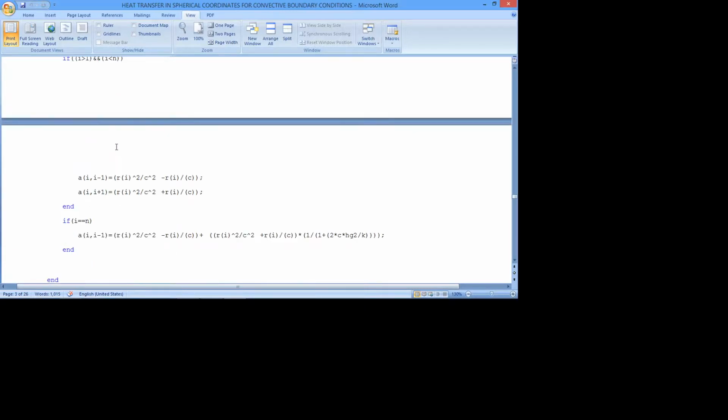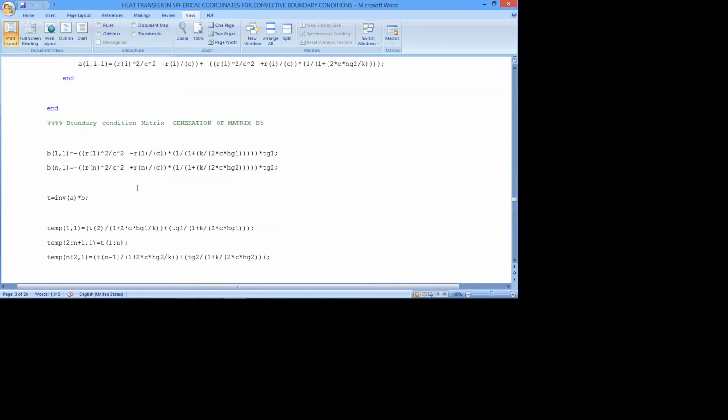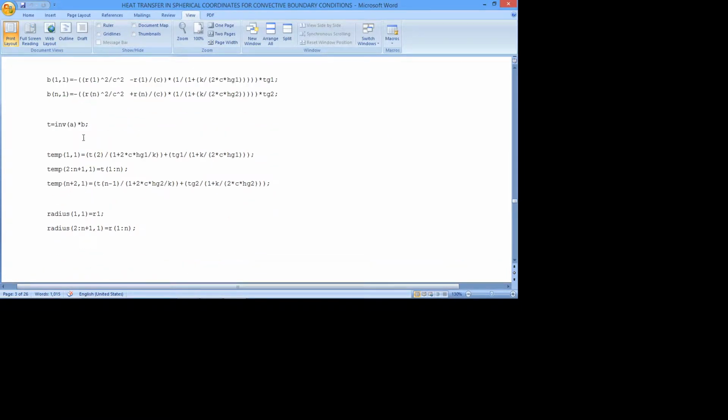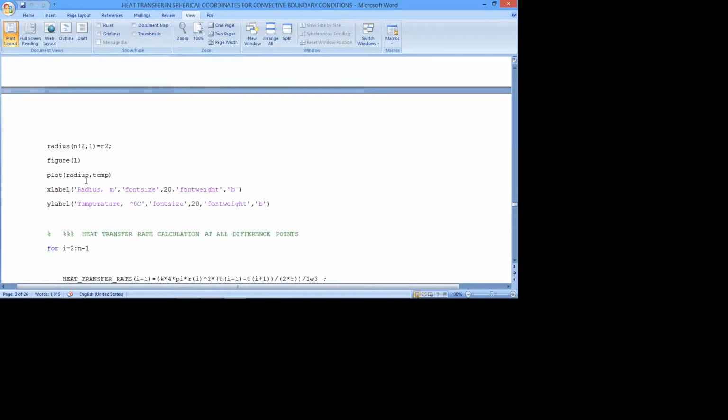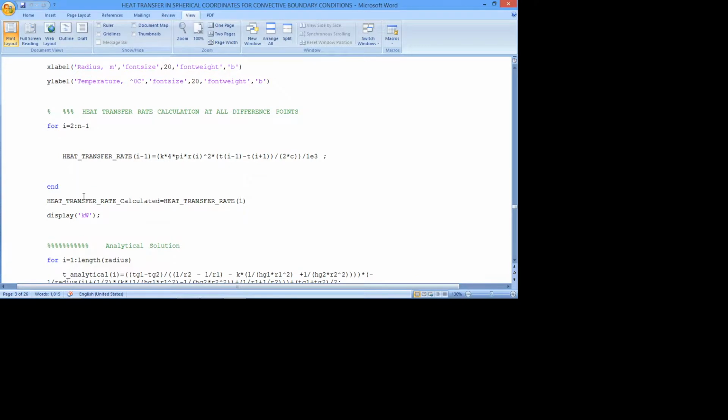So this is how the matrix A is being generated by the commands here, as we have mentioned previously. This is the boundary condition matrix. Here the unknown temperatures are being calculated. This section plots the temperature as a function of radius. Here we calculated the heat transfer rate.